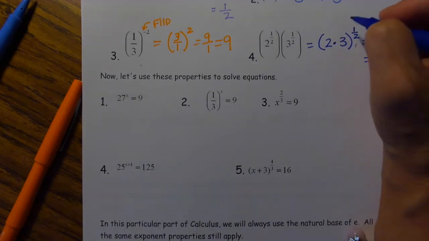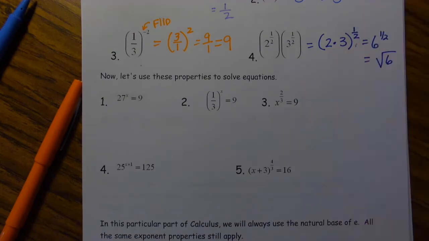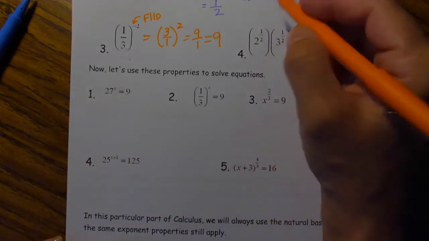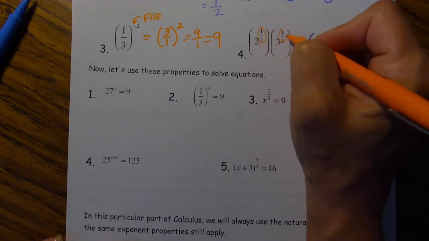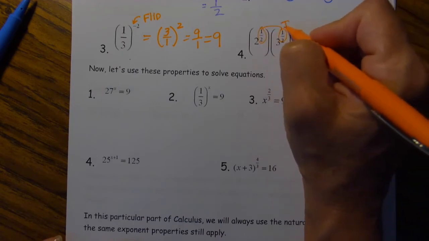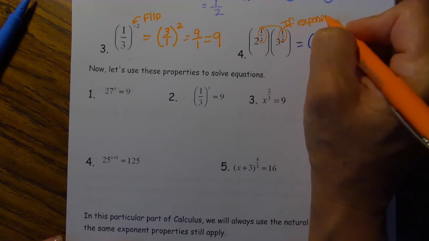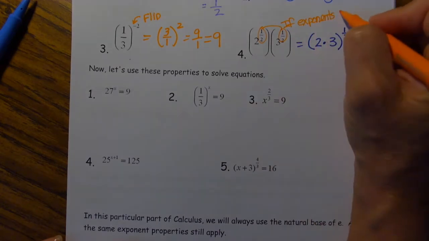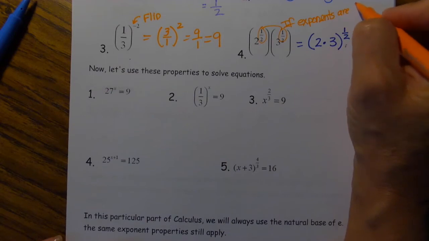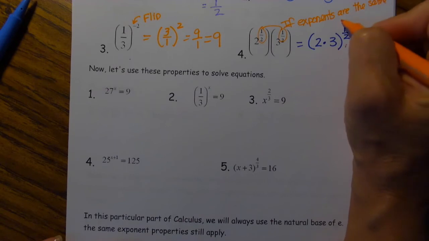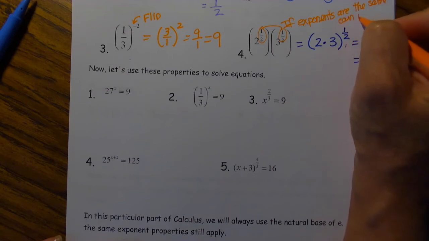So we better make a note so that you know that these have to match. So let's make a note. If exponents are the same, you can pull them out.